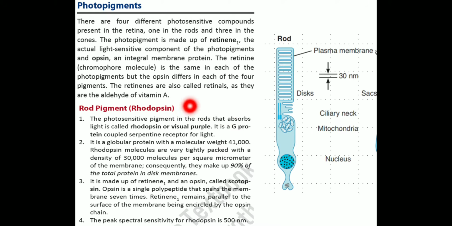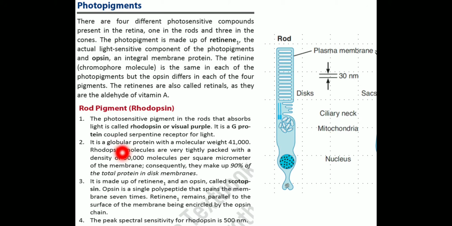These retinins are also called retinals, and they are aldehydes of vitamin A. The rod pigment, the photosensitive pigment in the rods that absorbs light, is called rhodopsin or visual purple. It is a G protein coupled serpentine receptor of the light. We'll be discussing how the transduction takes place.